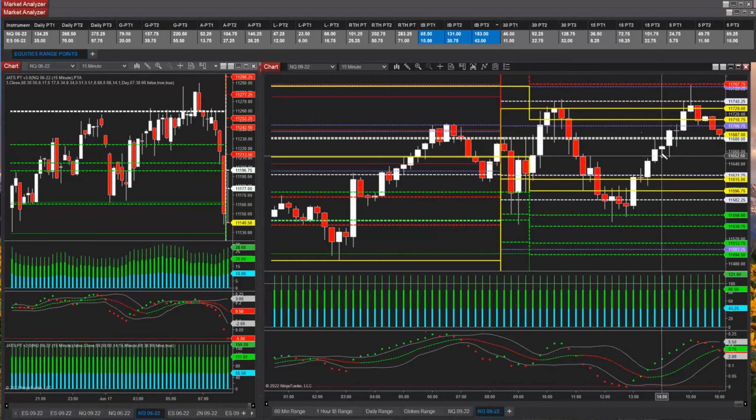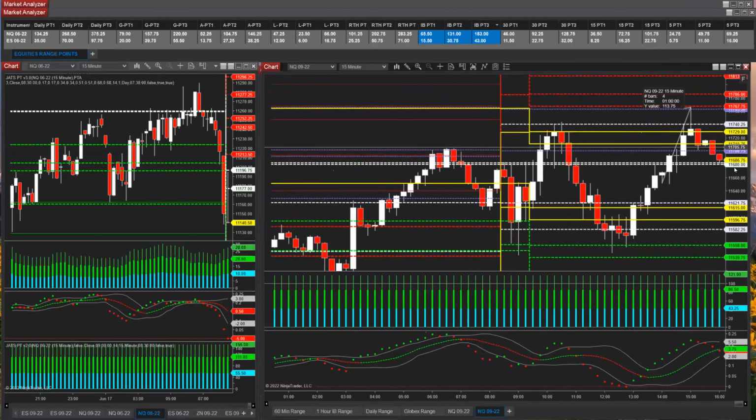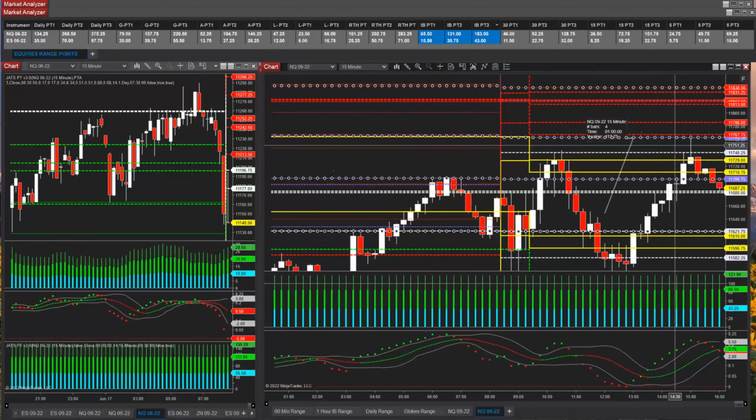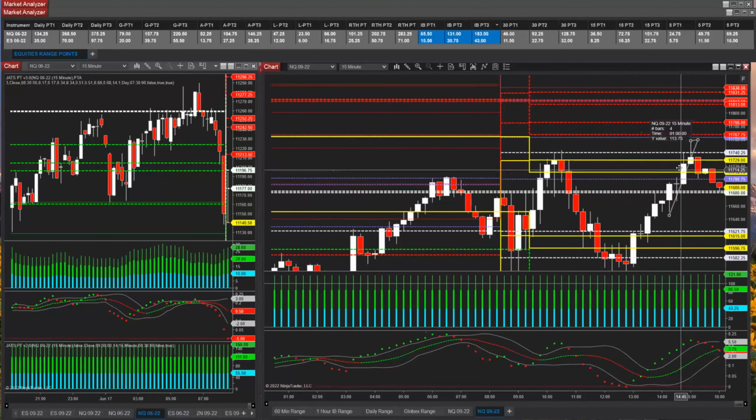Here's 1400 and here's 1500. 113, and it went above 86, almost to 121. But you can see it went right to the target and stopped. That's a Globex level right there, the blue. So it went to target, almost to the top of the range. Not quite.